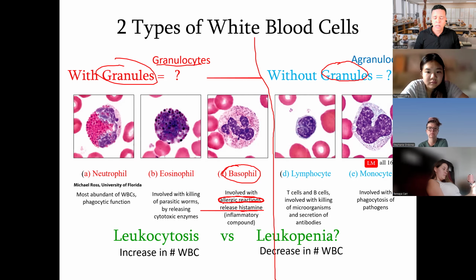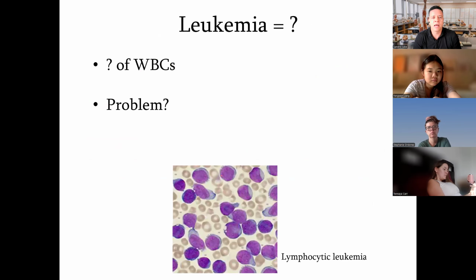Now, leukopenia is the opposite. Leukopenia is a decrease in the number of white blood cells. Some cancers can cause leukopenia. Now, since we are talking about white blood cells, immune system and cancer, let's talk about one type of cancer called leukemia, which is a unique type of cancer because leukemia is not a solid tumor.